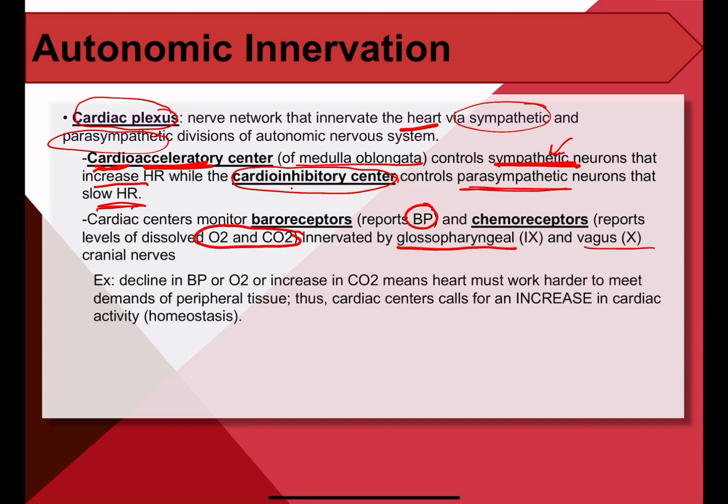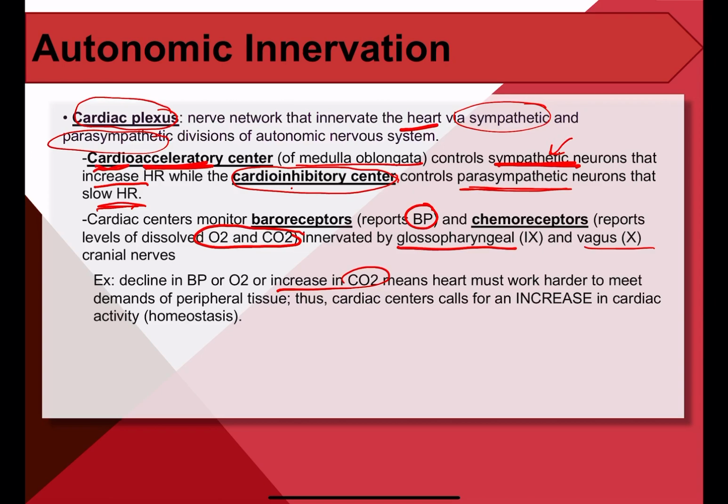Or there will be an increase in carbon dioxide level, especially if you're thinking about drowning. When you're drowning in a pool of water, you cannot breathe, so all that carbon dioxide is stuck in the lungs. What happens is your body tries to bring your levels back to homeostasis.